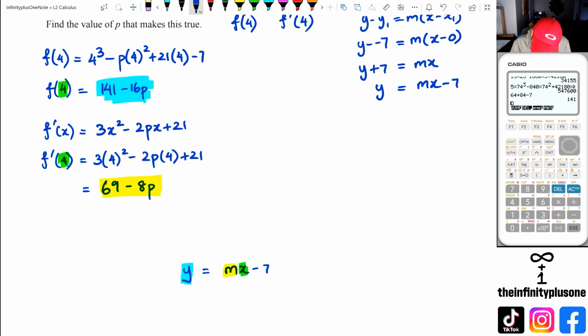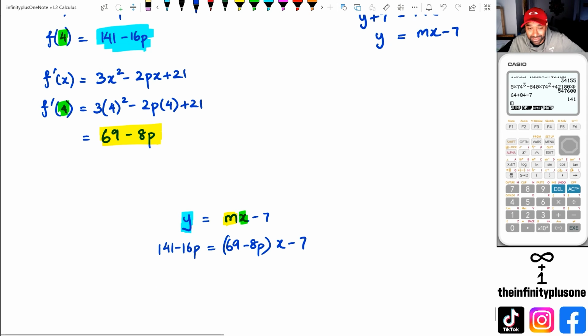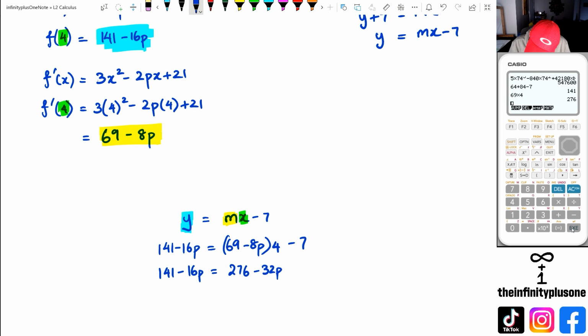So y, which is 141 minus 16p, equals 69 minus 8p times x minus 7. Expanding the brackets, x is equal to 4, so times it by 4. We get 69 times 4, which is 276, minus 32p, minus 7.